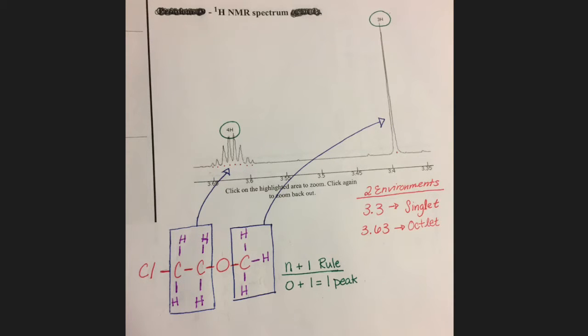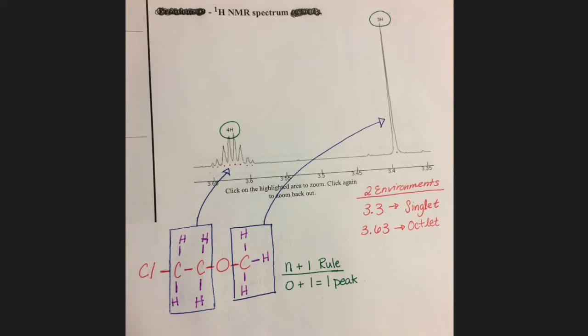For the left environment, it's going to be a little bit tricky to prove because it's an octet. The reason it's an octet of peaks is because of how electronegative the 2 elements next to the 2 carbons are. Chlorine is extremely electronegative and oxygen is electronegative as well, and it's going to cause the peaks to split more and make it into an octet.